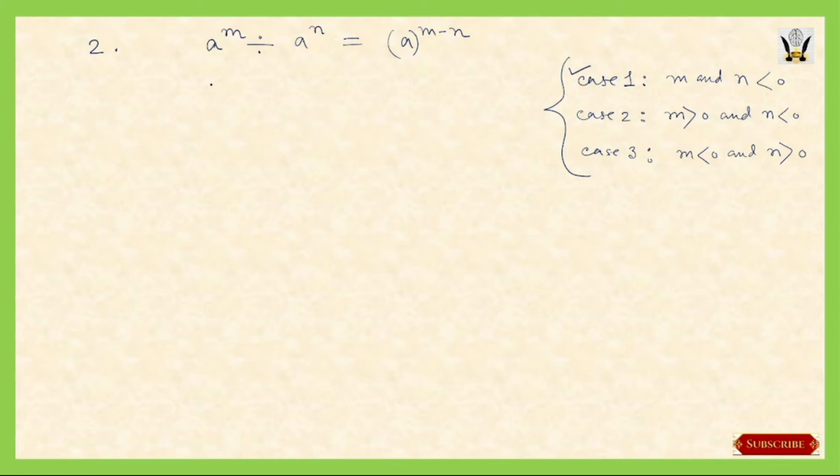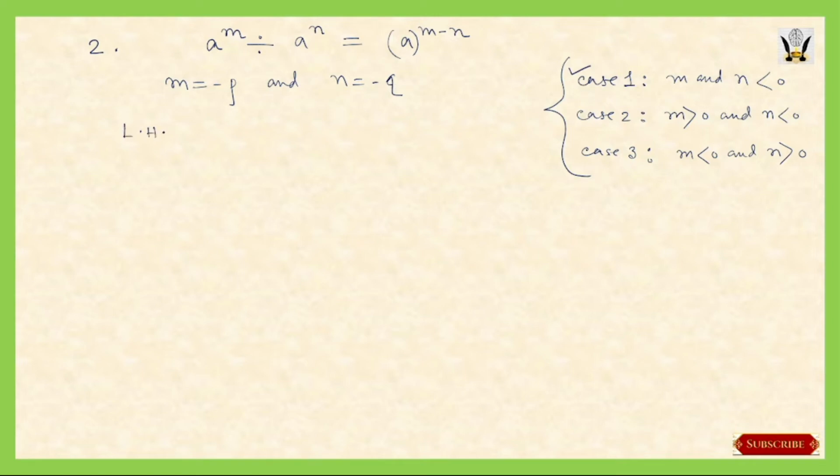So for case 1, what it is, when m and n both the exponents are negative, less than 0. So again we will be going by the same process that we have seen for the first law. So we will assume m is equal to minus p and n is equal to minus q. Now let's proceed with the left hand side.